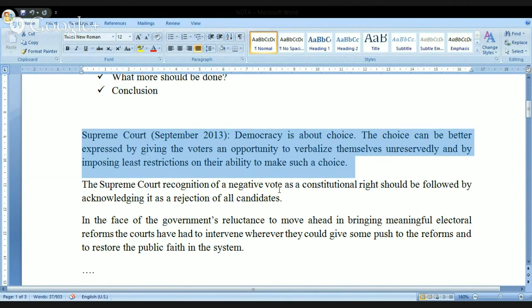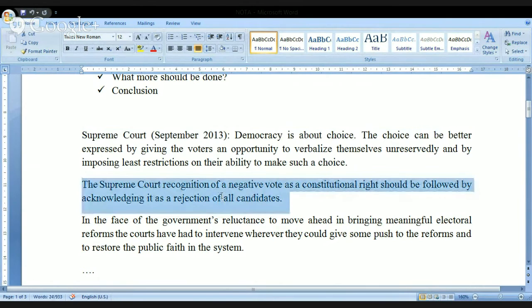Look at this. The Supreme Court's recognition of a negative vote as a constitutional right should be followed by acknowledging it as a rejection of all the candidates. Negative vote, according to the Supreme Court recognition, should be acknowledged as the rejection of all the candidates.